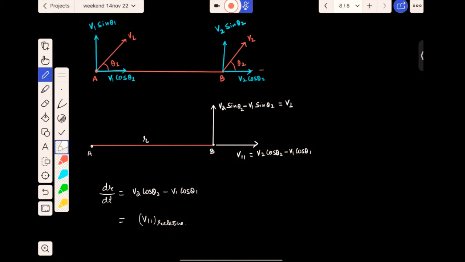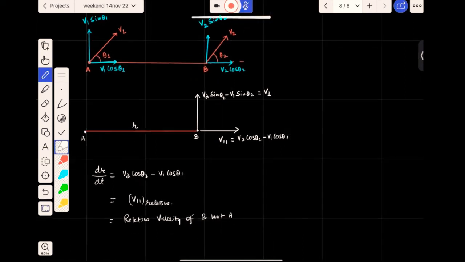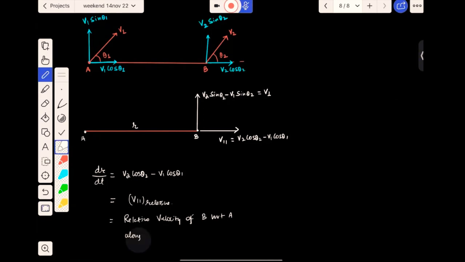What V parallel relative is? It is the component of the velocity of B with respect to A along the line joining them. It is the relative velocity of B with respect to A along the line joining them.